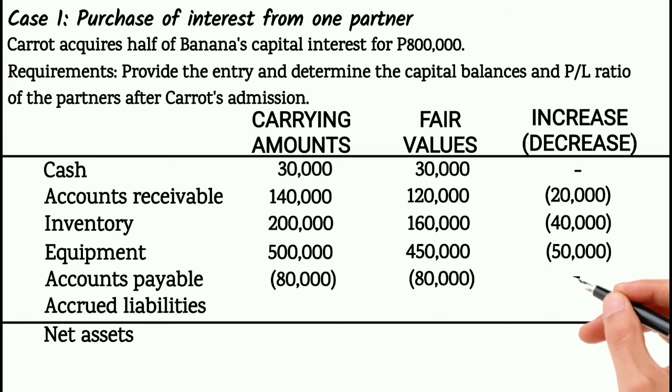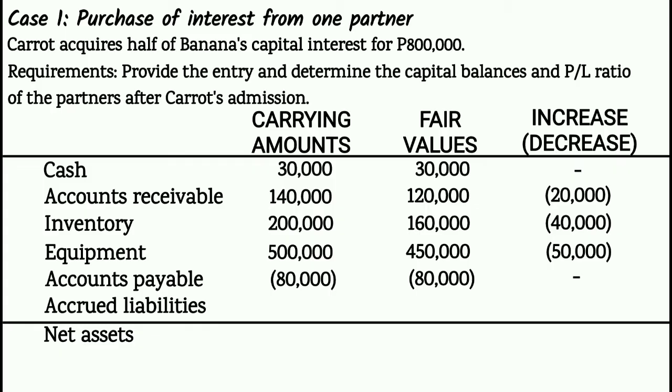There is no decrease nor increase in accounts payable. Doon sa letter D, may unrecorded liabilities na 20,000 pesos. Therefore, yan ay accrued liabilities. Dahil yung liabilities na 20,000 pesos ay unrecorded, kailangan natin siyang i-record.